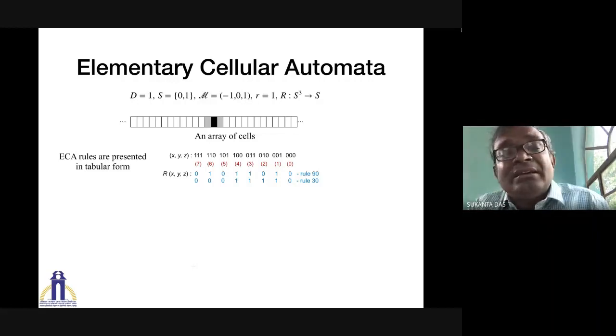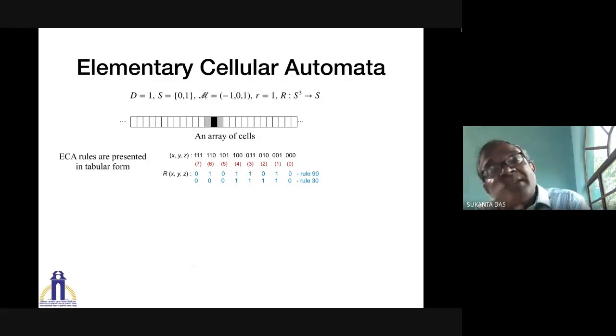ECA rules are presented in tabular form. Why is it so? There are only 3 neighbors. Suppose X, Y, Z are my 3 neighbors. My rule is R. R has 3 arguments. It takes 3 inputs, X, Y, and Z. Since my system is binary, X, Y, Z can be either 0 or 1.